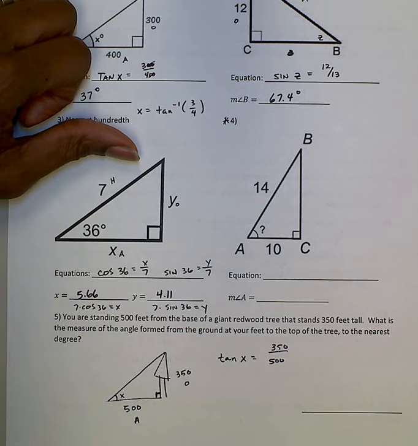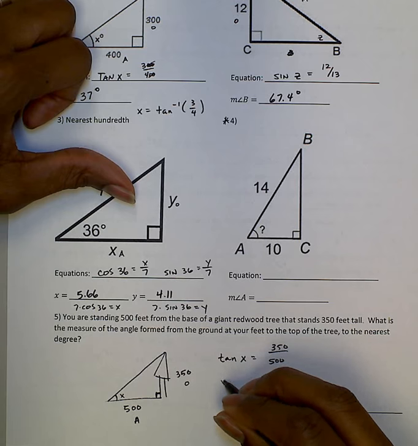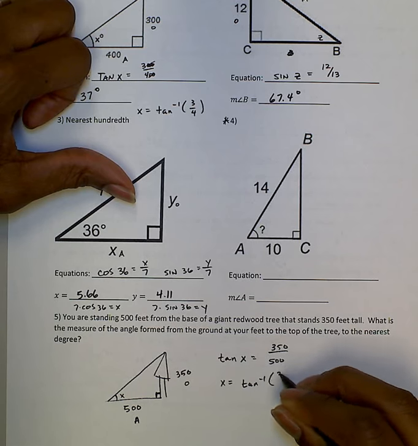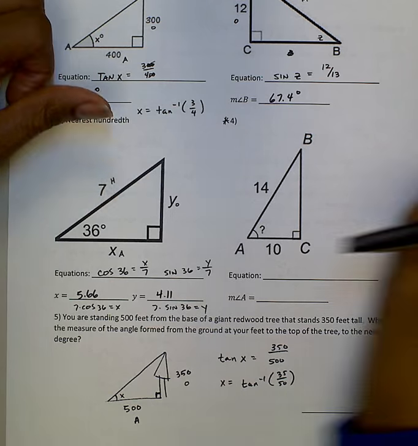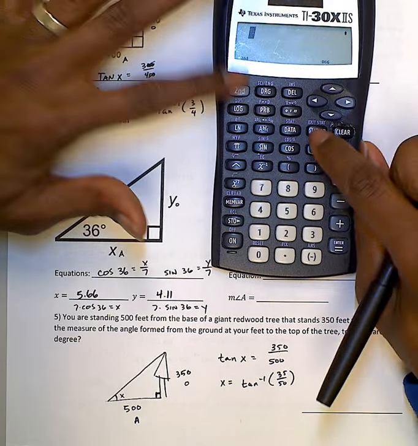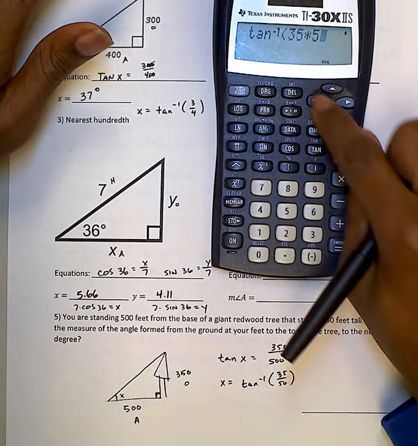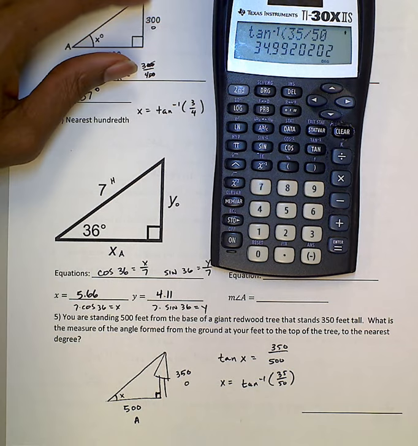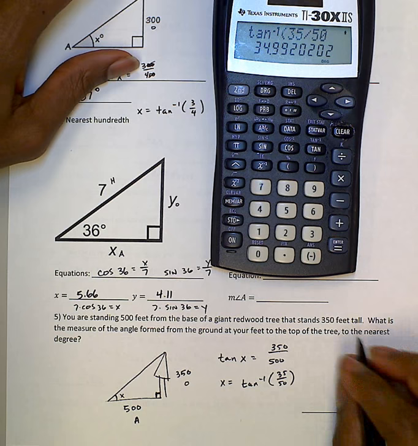You can do what you want there. Now I need to get rid of tangent, so I'm going to use inverse tangent of, I'll just say 35 over 50, to save myself a little bit. Inverse tangent of 35 over 50, not times 50, divided by 50. That will give me 34.99. So to the nearest degree is 35 degrees.